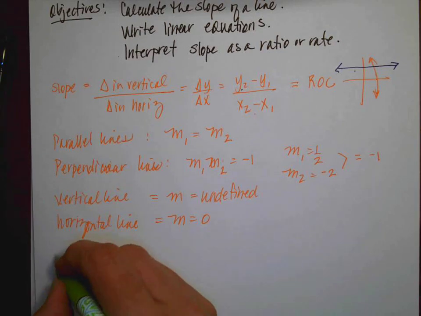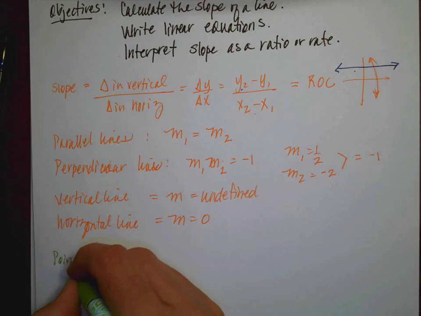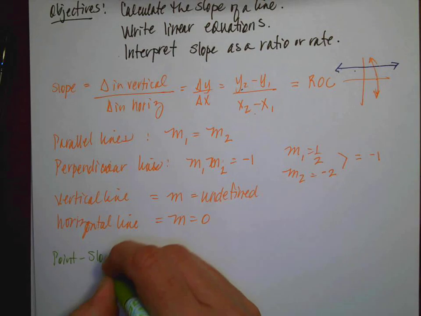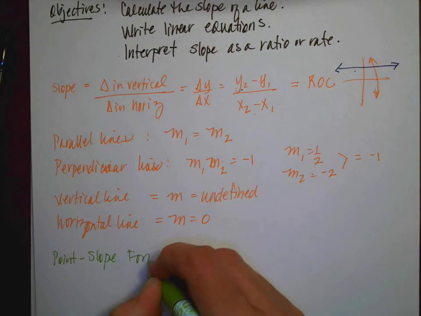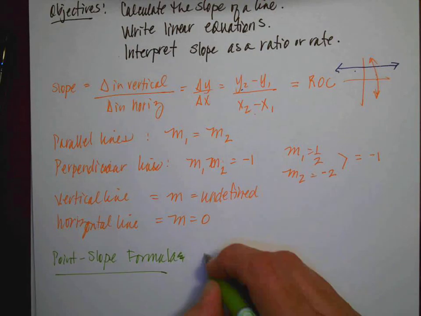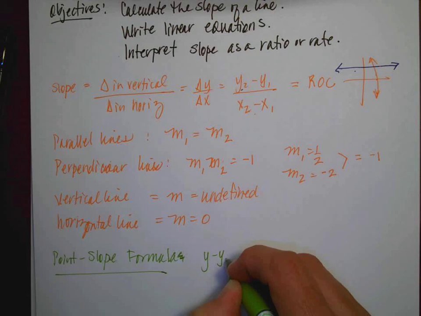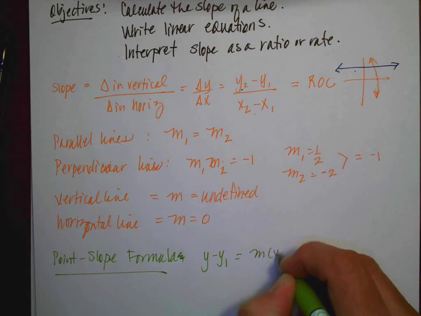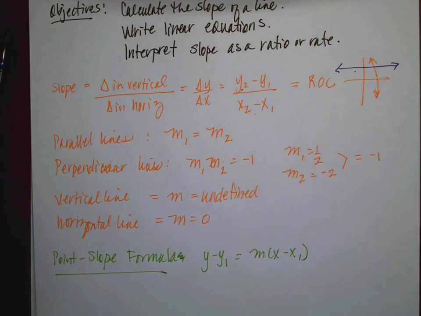Before we do our next example, I want to write the point slope formula of a line. And this is going to be your best friend this year. And remember that is y minus y1 is equal to m times x minus x1.